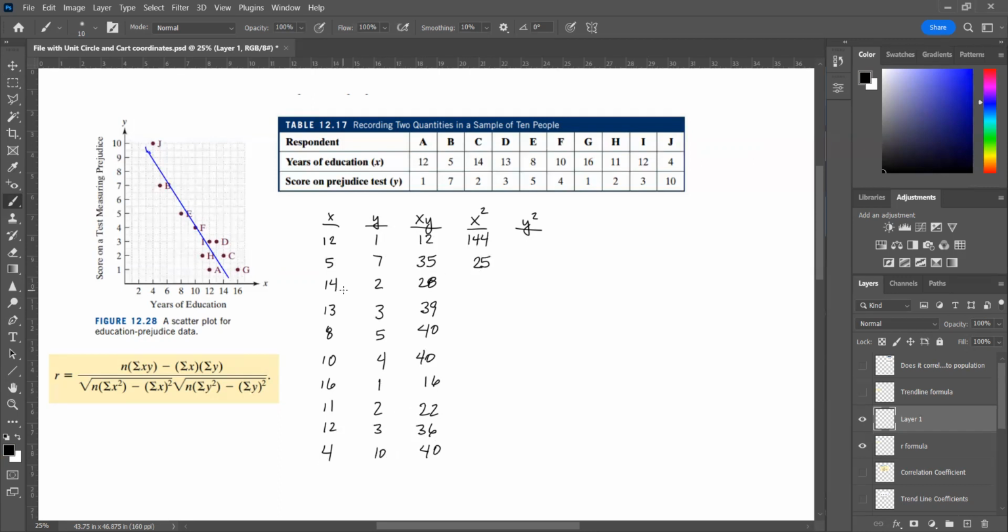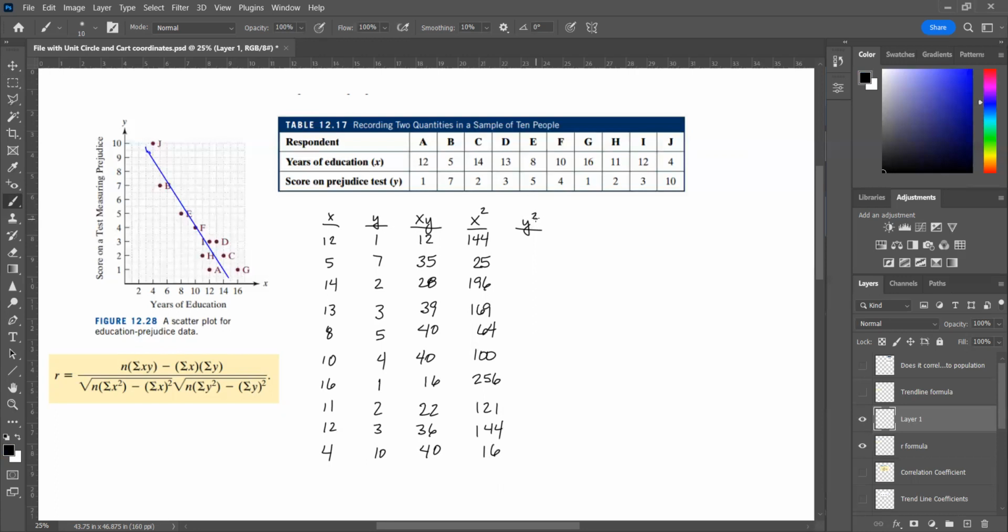And then 14 squared, which is 196. 13 squared is 169. 8 squared is 64. 10 squared is 100. 16 squared is 256. 11 squared is 121. 12 squared is 144. And 4 squared is 16.